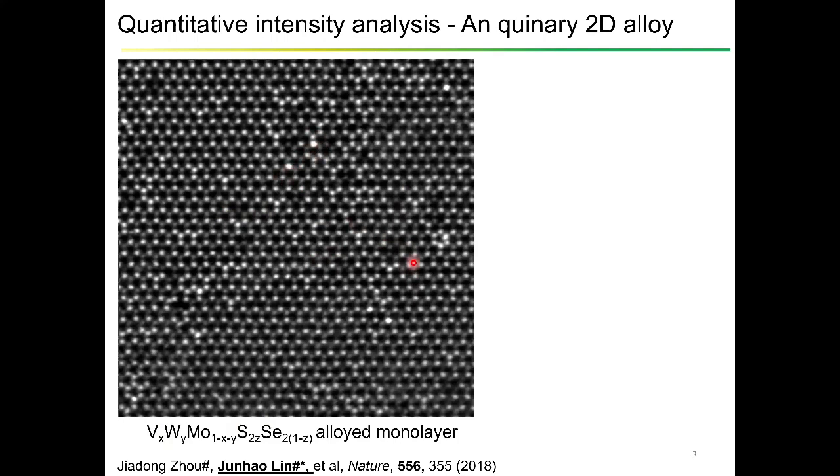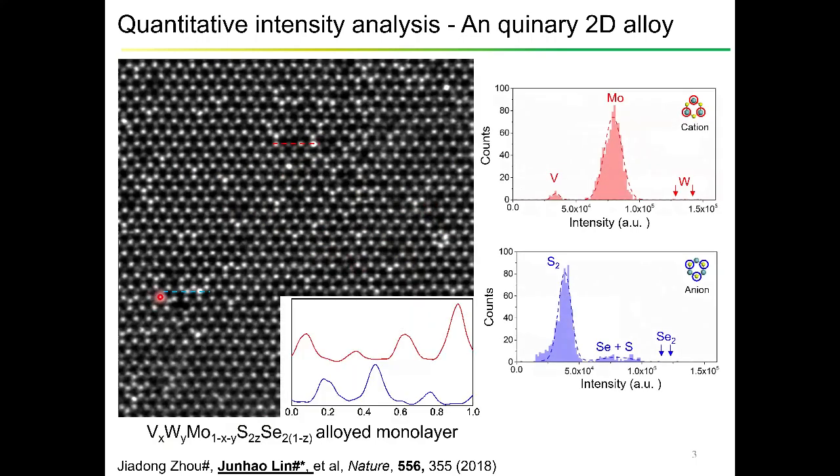So if we write an algorithm to find the peak intensity of each atomic column, and we do a systematic count of each atomic column, then we can get a very nice histogram of the intensity. And this intensity, you can clearly see that it separates into several discrete peaks. So for the cation sites, because we can identify the cation sites, this only consists of metals.